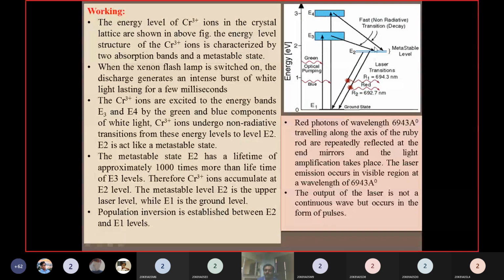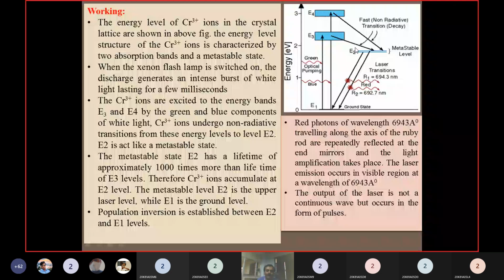Now what happened here? When the xenon flash lamp is switched on, the discharge generates an intense burst of white light lasting a few milliseconds. The chromium ions are excited to the energy bands E3 and E4 by the green and blue components of white light.